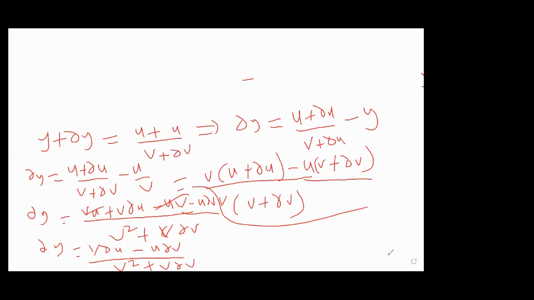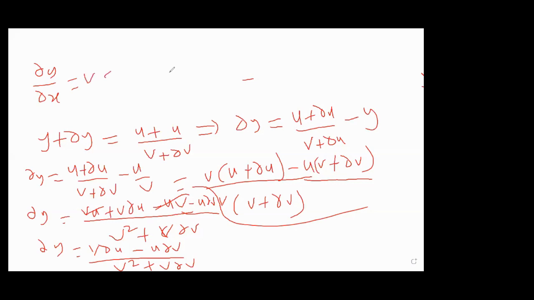Then let's say we divide through by dx. We divide through by dx. This will have the dy over dx.